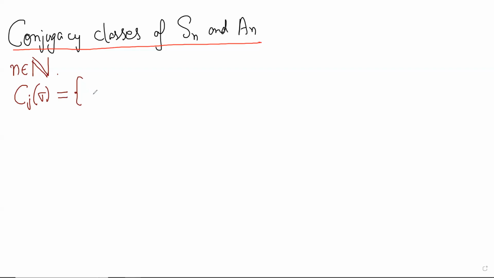What will be a good notation here if I want to conjugate? I don't want to use tau. Maybe I'll write sigma 1 inverse, because tau is usually reserved for transposition.